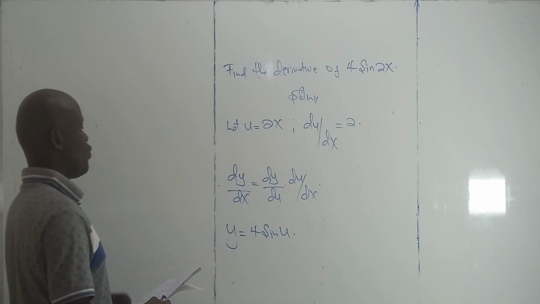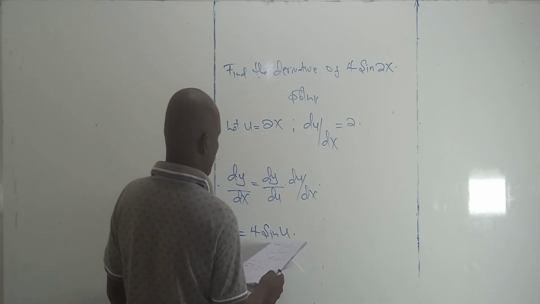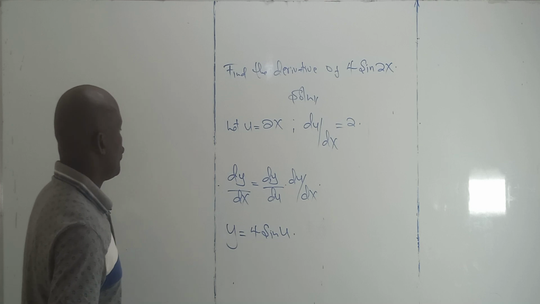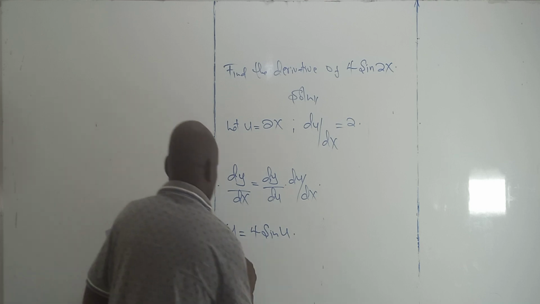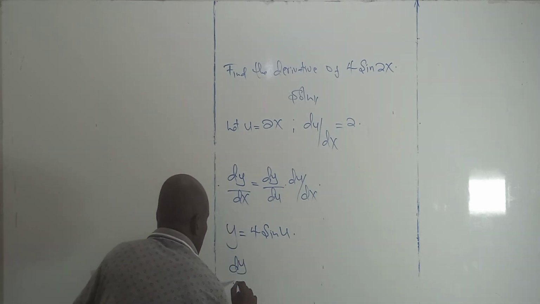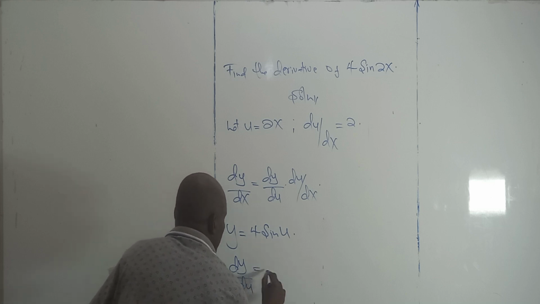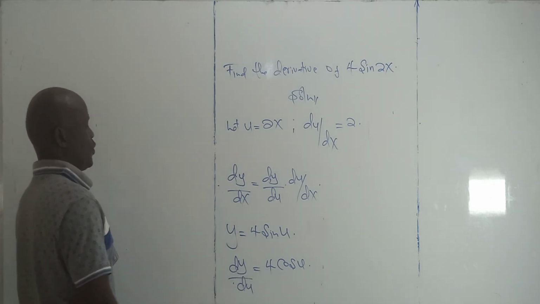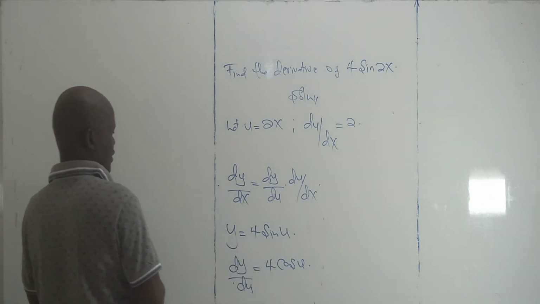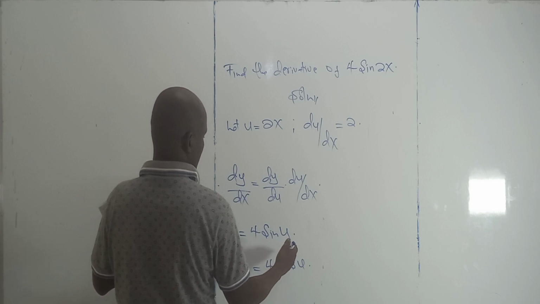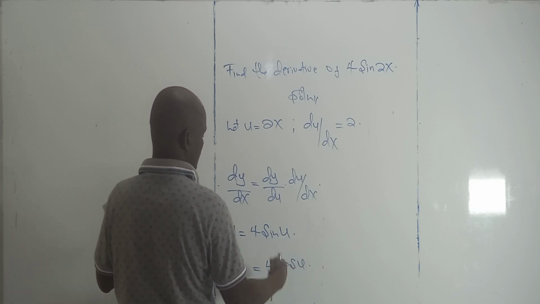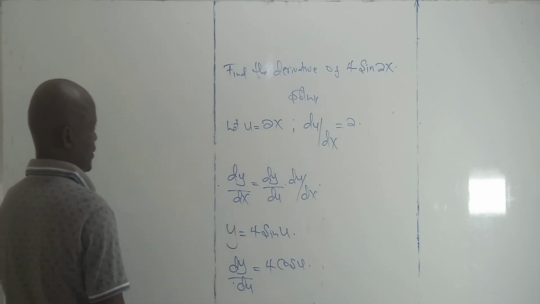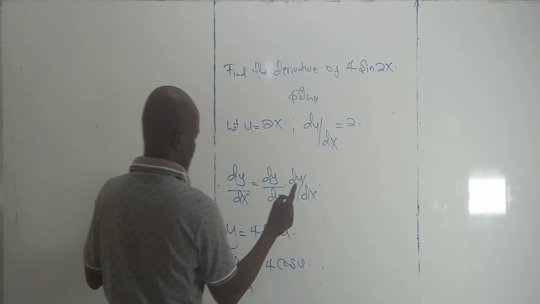Then I now need to get dy du, differentiating this with respect to u. So dy du will be 4 cos u. Because the derivative of a sine is a cosine.